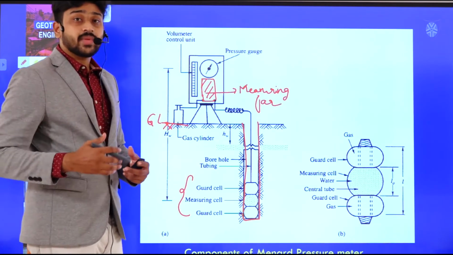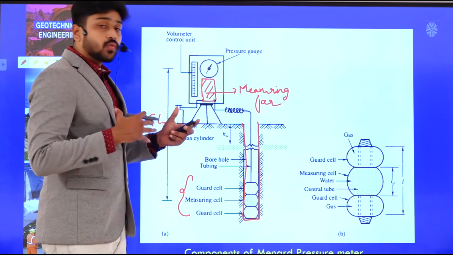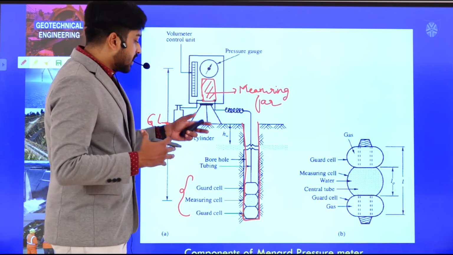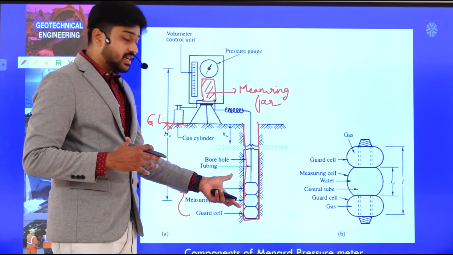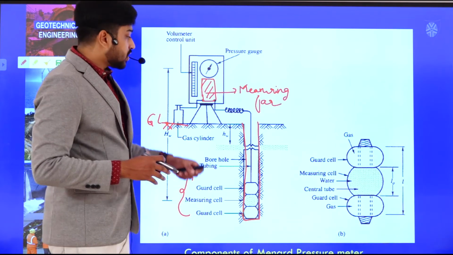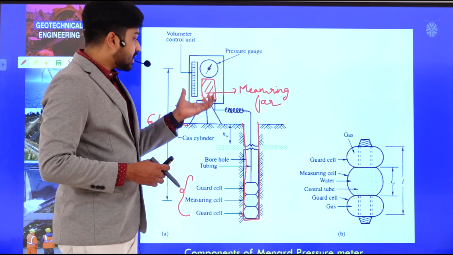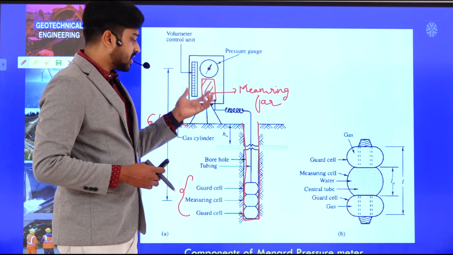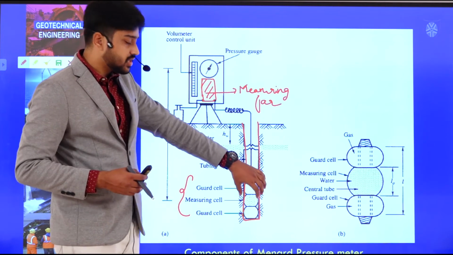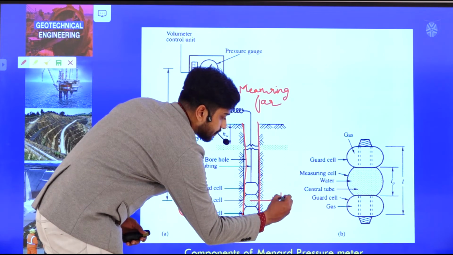It is not clearly visible here, but there will be a measuring jar. So this entire combination of the measuring cell and the guard cell is known as the probe. It is immersed completely into the borehole, and the water in the measuring jar is pumped into this measuring cell.